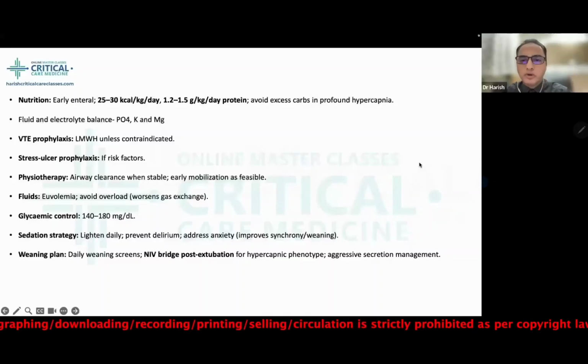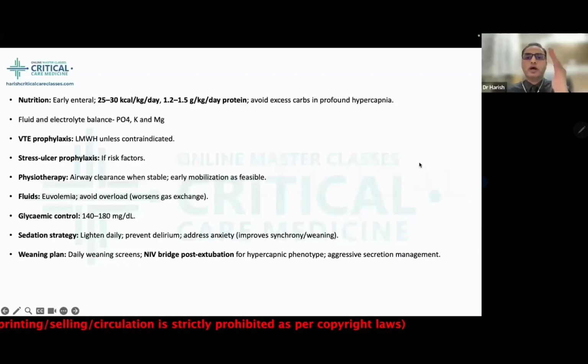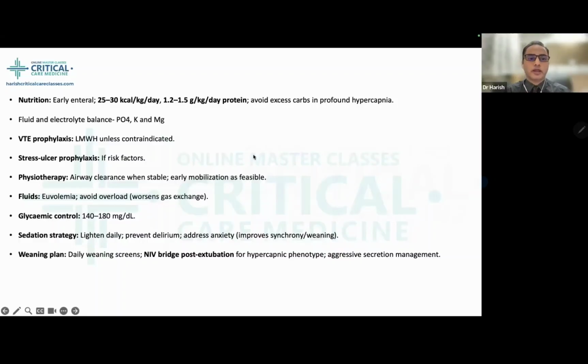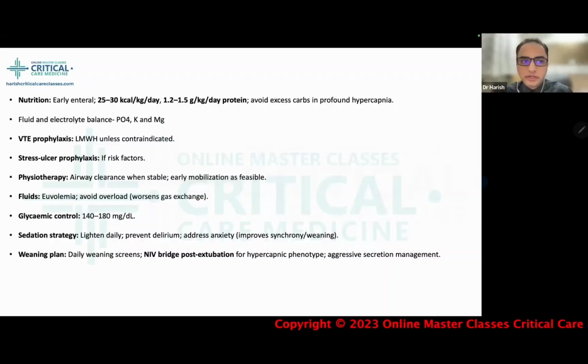Avoid excessive carbohydrate in profound hypercapnia. There is no role for removing the total carbohydrates at all. That is not recommended, but don't go for excessive carbohydrate if the patient has profound hypercapnia. Fluid and electrolyte balance: keep them euvolemic, and give weightage to phosphorus, potassium and magnesium, because phosphorus is very essential for respiratory muscle functioning.